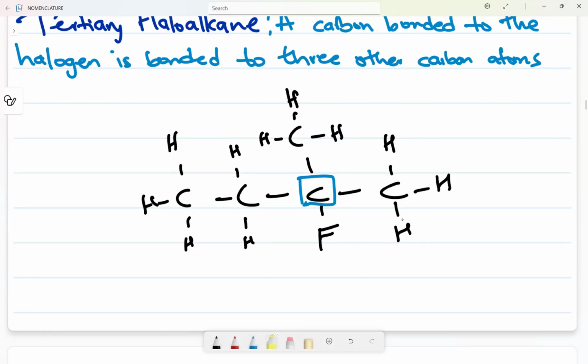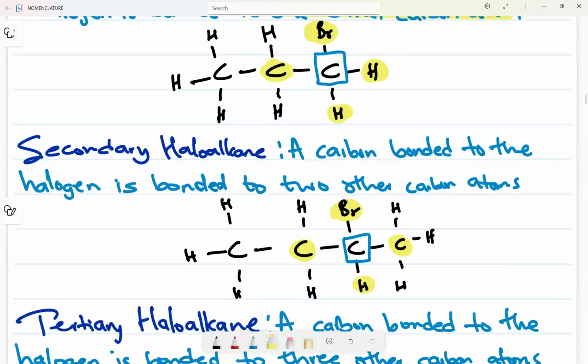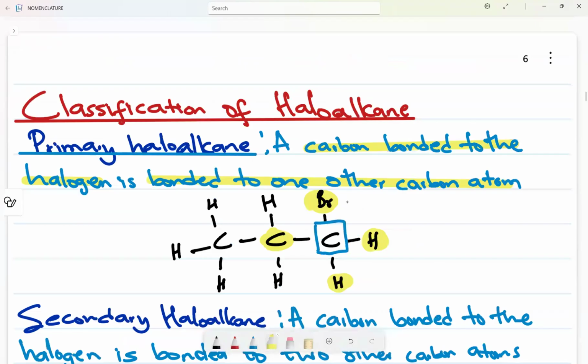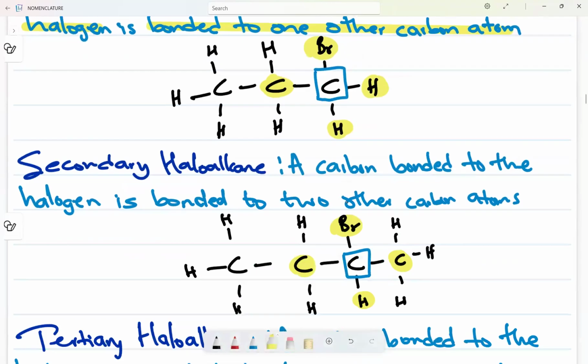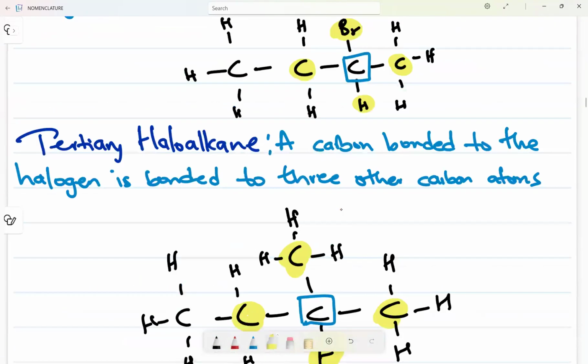Is it true? Let's see. This carbon is bonded to this one carbon, this one carbon, this one carbon, and also bonded to fluorine. Now, how many carbons is it bonded to? Three. So this is what they mean when they refer to primary haloalkane, secondary haloalkane, as well as tertiary haloalkane.